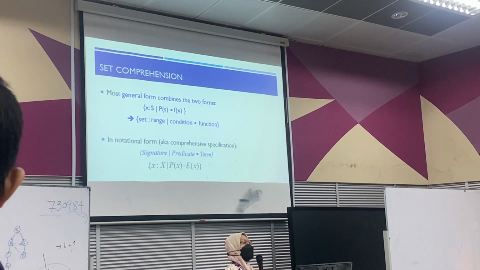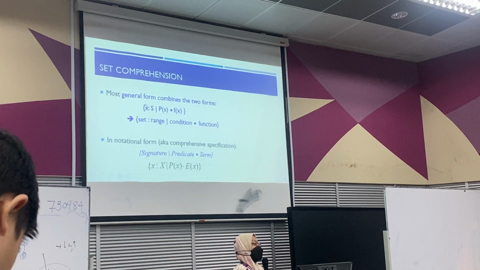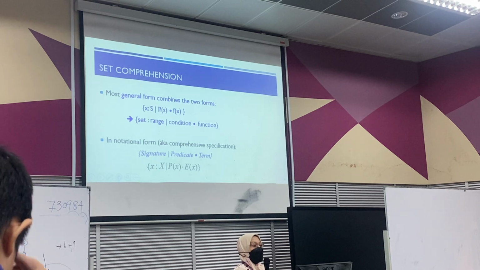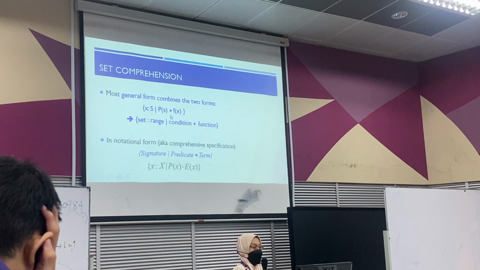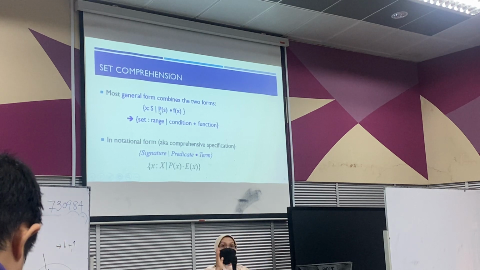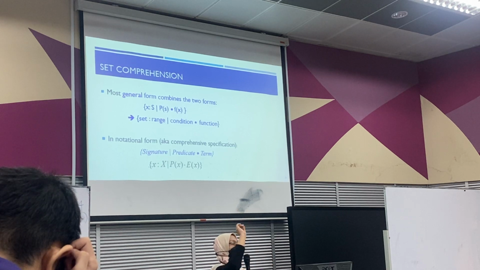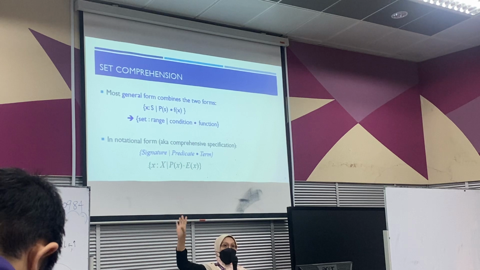The general form, normally the first part we call the signature, the declaration part. Then your condition, then your function. So the arrangement is like that: you have the declaration, bar, your condition, then a big dot, then your operation there.